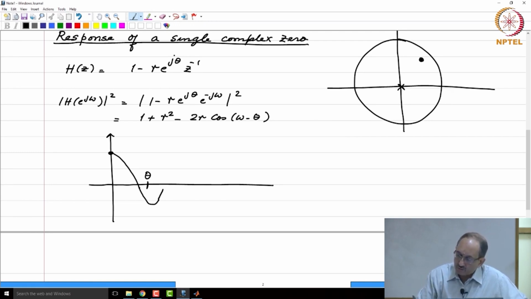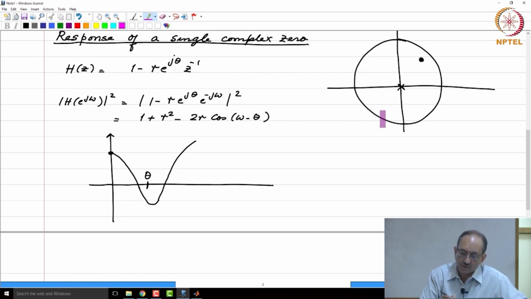When you go past the zero, the response is going to increase, and then when you are exactly at the opposite frequency value compared to the location of the zero, that is when omega equals, what value will this be a maximum? Theta plus pi.